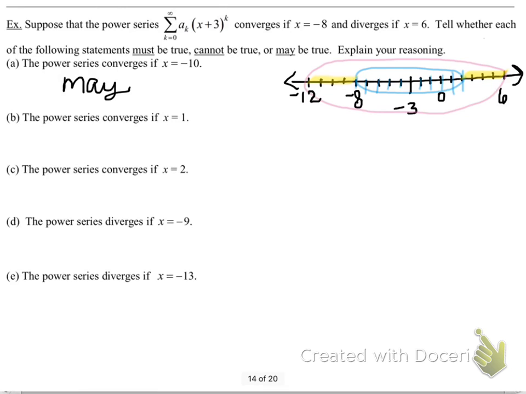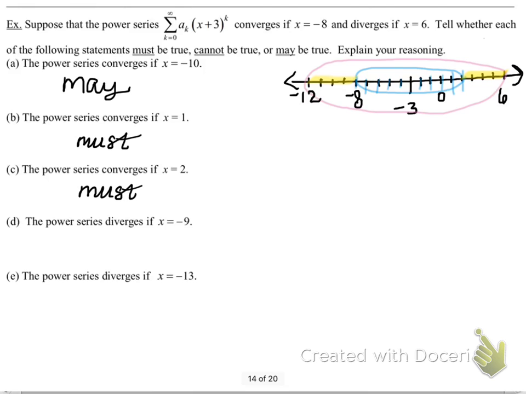And if x equals 1, that is definitely within that blue area there. So this is a must. The power series converges if x equals 2. That is also a must. The power series diverges if x equals negative 9.